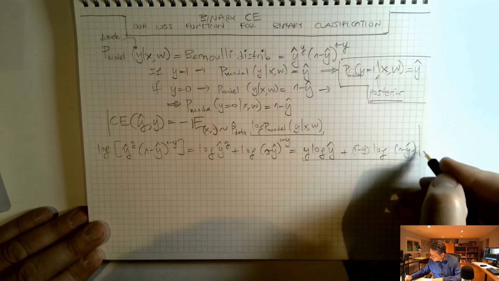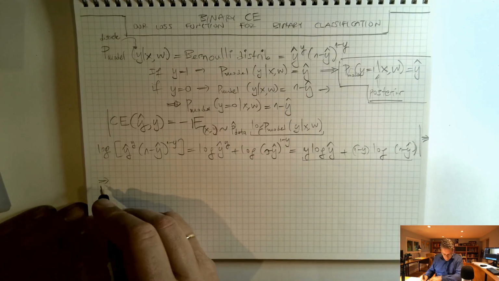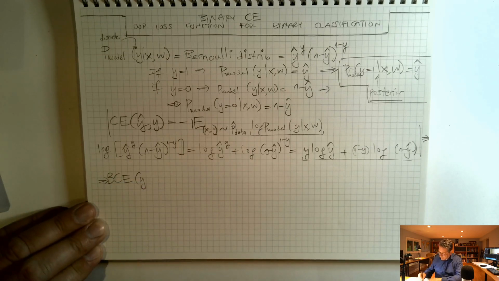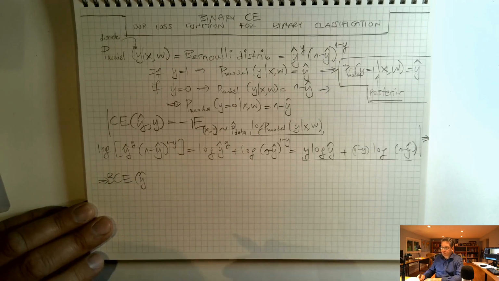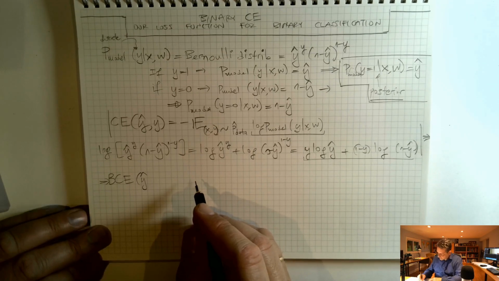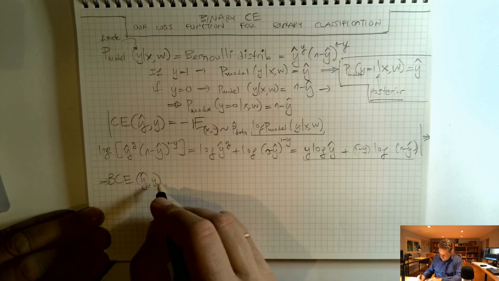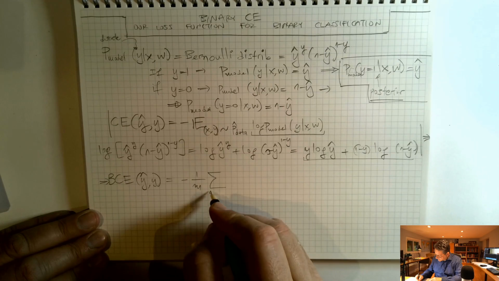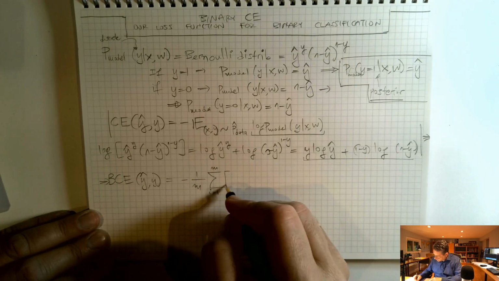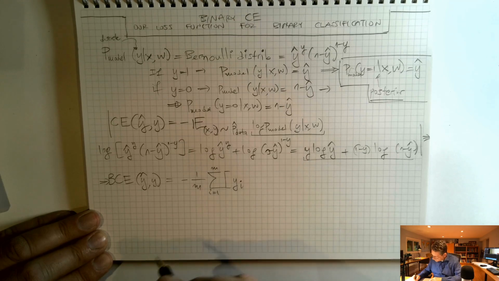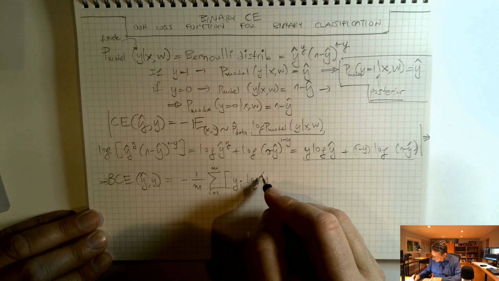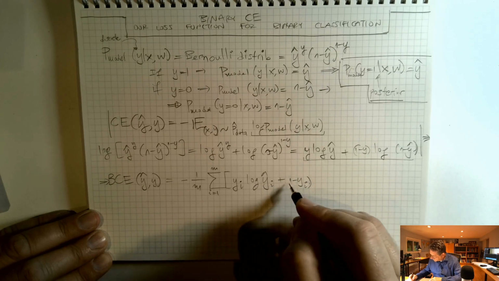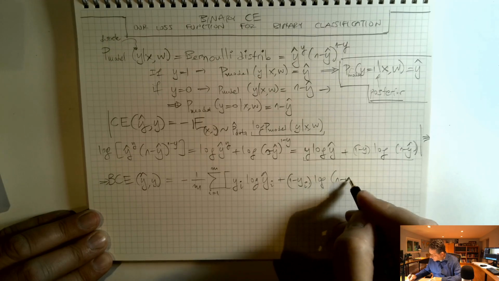From these two we can conclude that the cross entropy, the binary cross entropy, so I'm just going to put a capital B in front to distinguish it from the cross entropy for multi-class problems, is y hat comma y equal to minus 1 over m, summation from i equal to 1 to m, of y i log of y i hat plus 1 minus y i log of 1 minus y i hat.